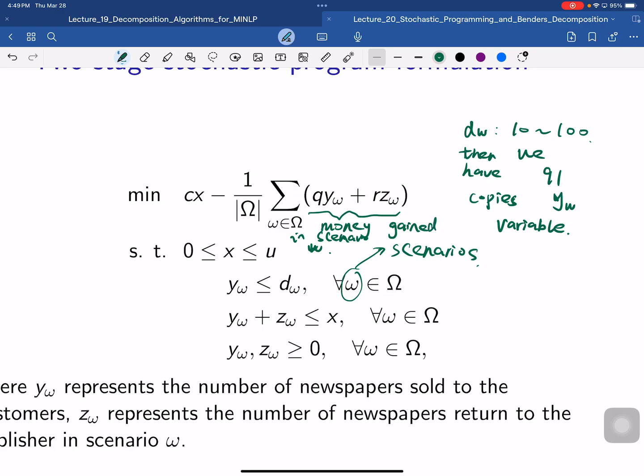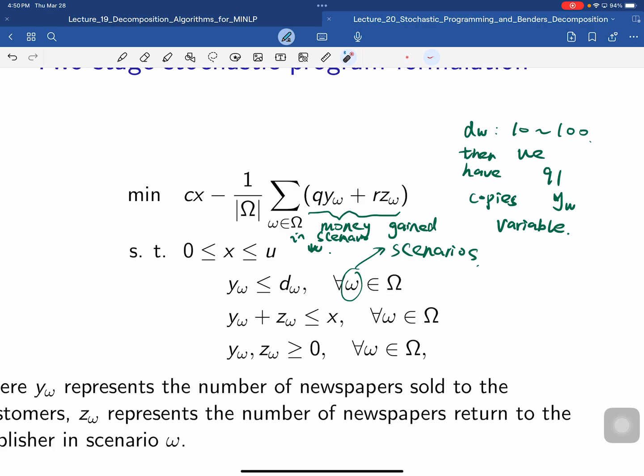For different scenarios, you are going to have a different profit. Like what I said, when you have 50 newspapers, if the demand is actually 10 or 100, you will get different profit. But the objective is taking the average over all the scenarios. If you have a uniform distribution, the weight you assign to each scenario would be 1 over the cardinality of the scenario set.